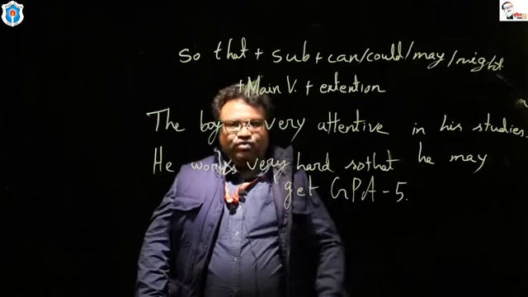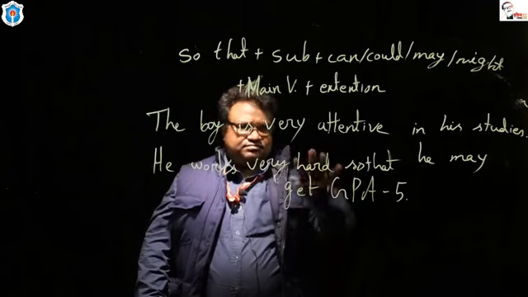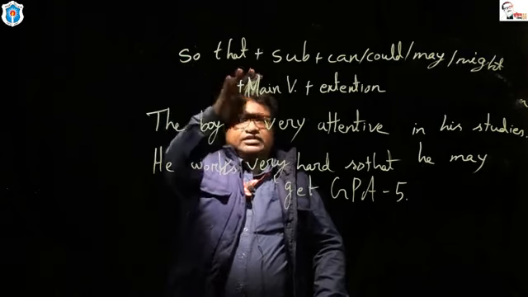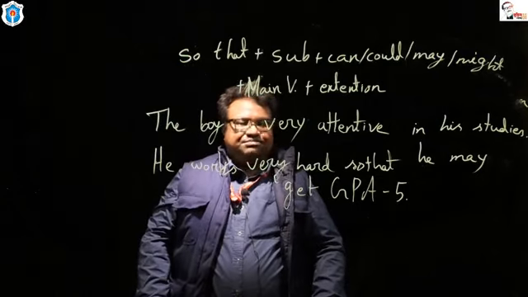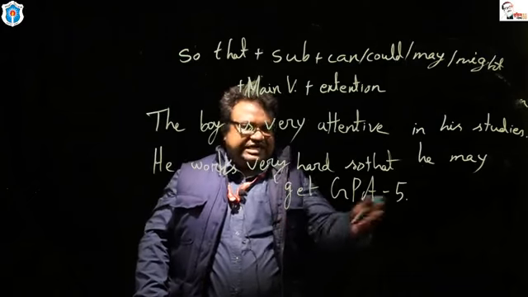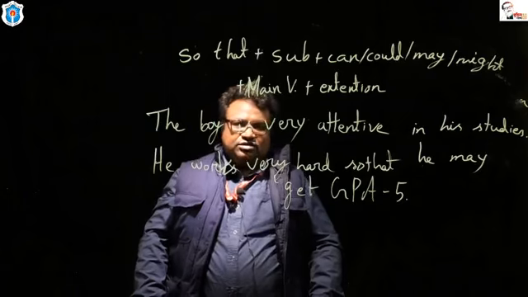So here we see that the whole structure is actually so that or that, then subject plus can, could, may, might, plus main verb, this get, and then extension part, that is GPA 5.